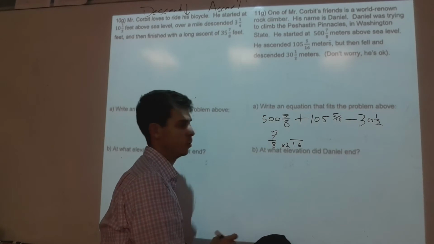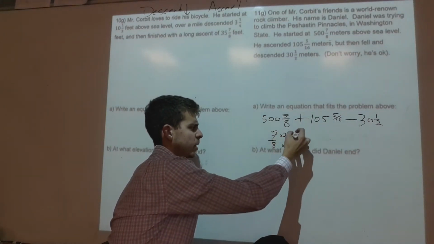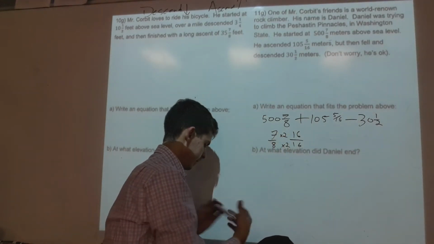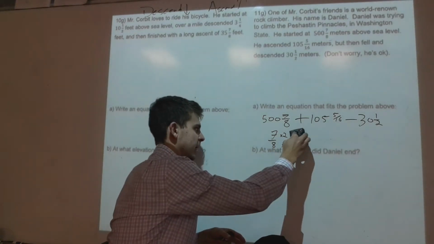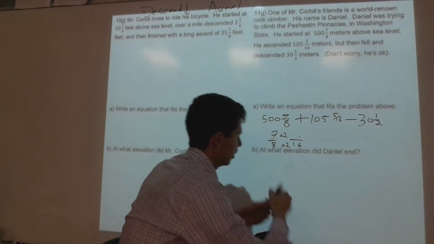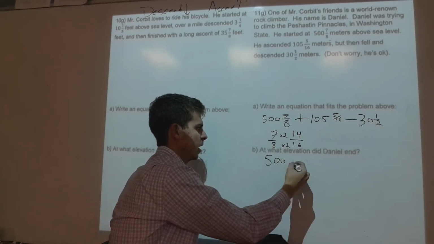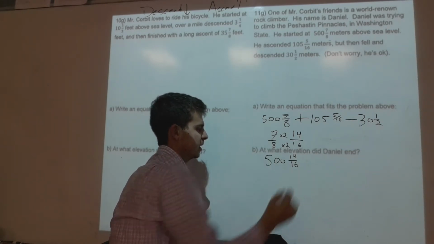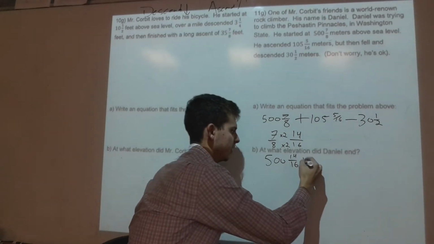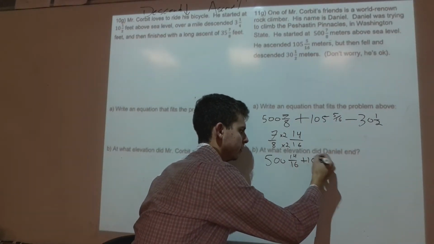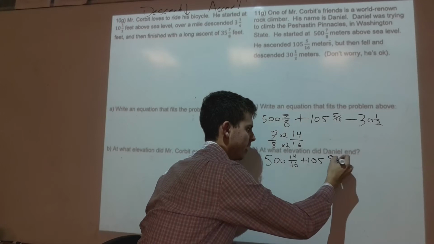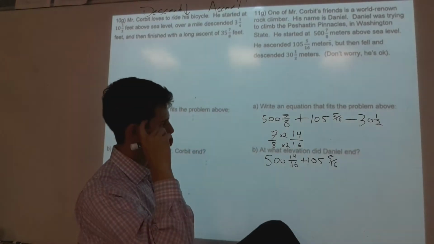It's multiplied by 2. So I need to multiply the 7 by 2 as well. And 7 times 2 is not 16, but it is 14. So we're going to have 50 14/16, and then we're going to add that to the 105 and 5/16.